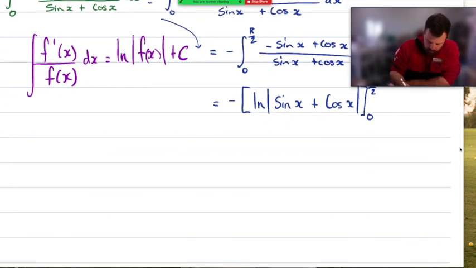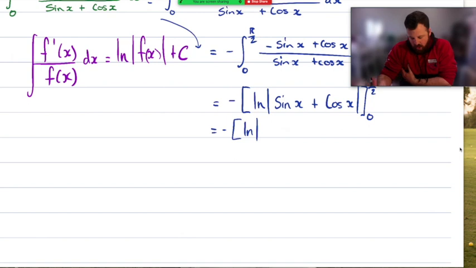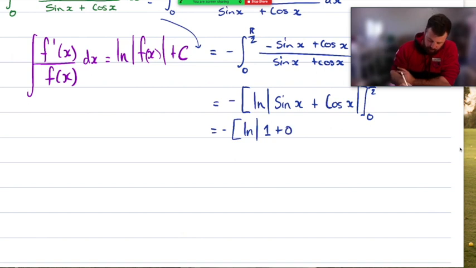So just quickly going through now, it is negative ln, the absolute value of, at 90 degrees, sine has the value of 1, so sine of 90 gives me 1 plus, and cosine at 90 is 0, so it's 1 plus 0.